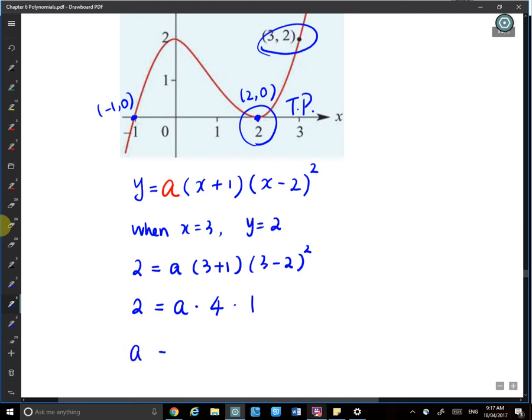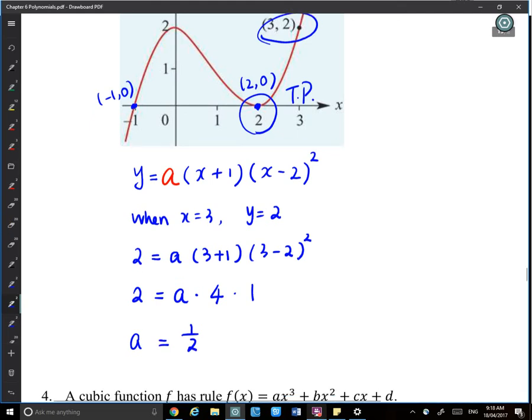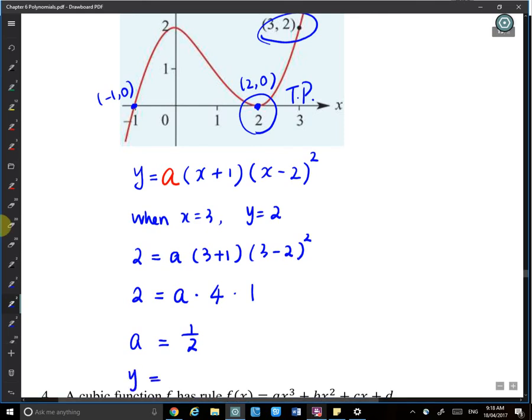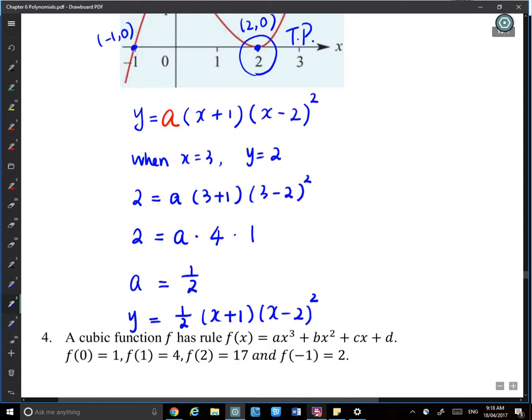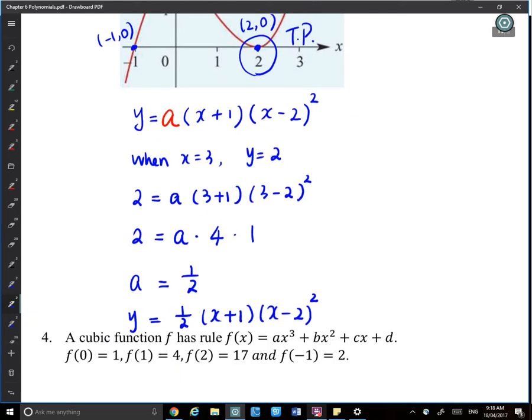So a equals 2 divided by 4, which is a half. So y equals a half (x plus 1)(x minus 2) squared. Do not expand, leave your answer like that. That's good enough.